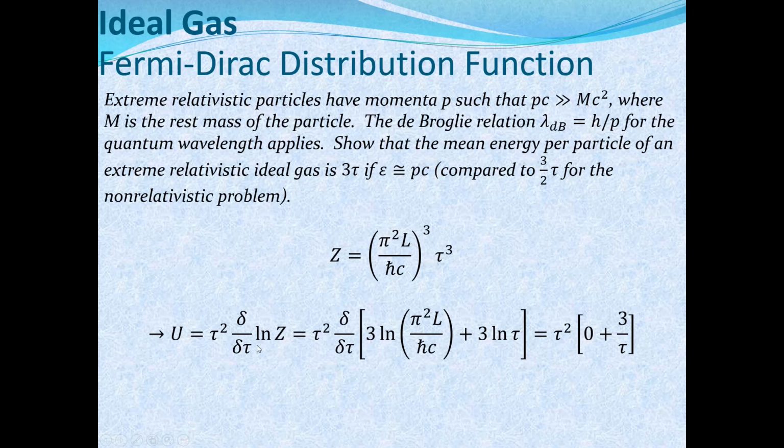I like to separate my functions as best I can, especially when we're dealing with an ln, so that you have one term that is all constants and one term that only has the variable. So right here, that's what we have. This is going to go to 0, and this just becomes 3 over tau. And then from here, you can already see that we end up getting the 3 tau function, as I said before. And that's pretty much it.